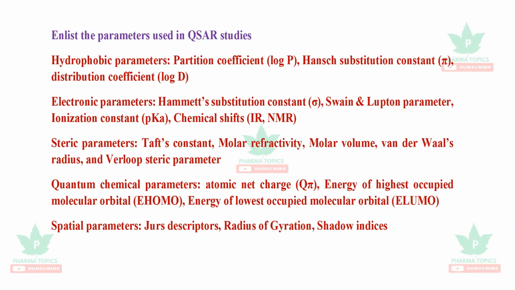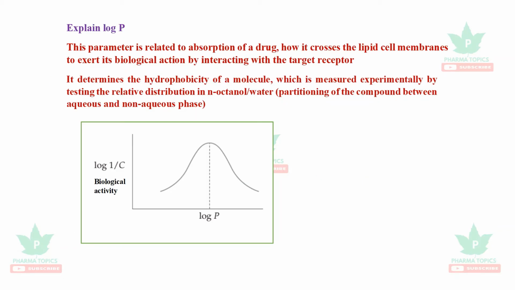Steric parameters of a molecule are Taft's constant, molar refractivity, molar volume, van der Waals radius, and Verloop steric parameter. Quantum chemical parameters are atomic net charge, energy of the highest occupied molecular orbital, and energy of the lowest unoccupied molecular orbital. Spatial parameters are jurs descriptors, radius of gyration, and shadow indices.